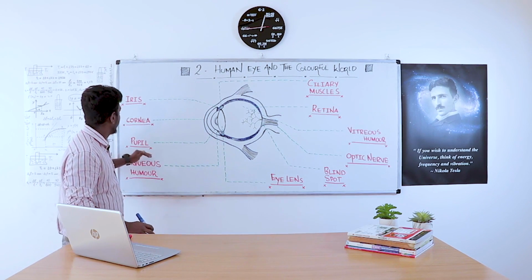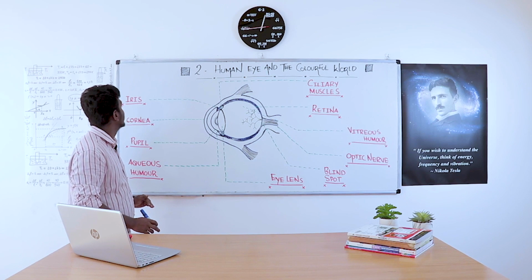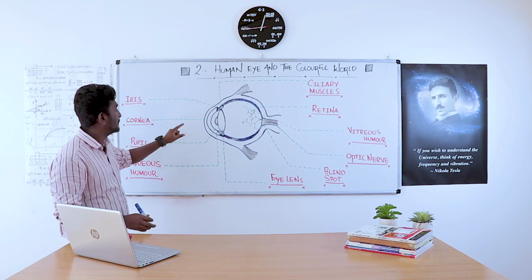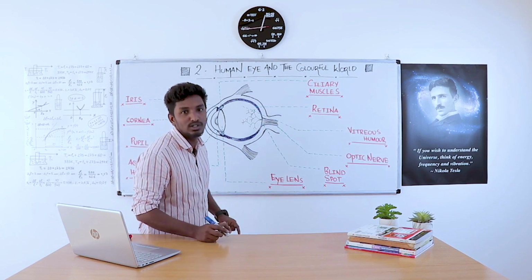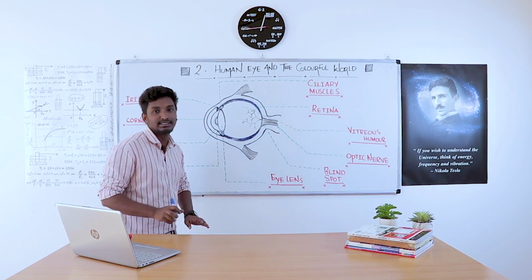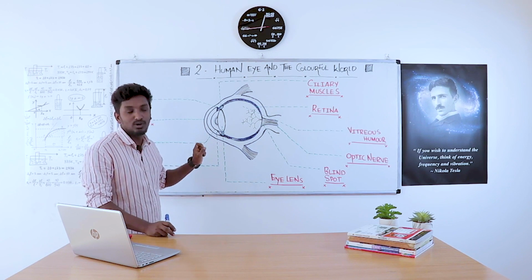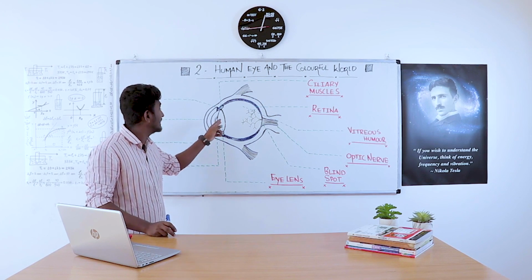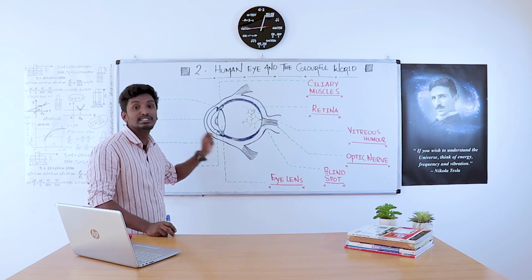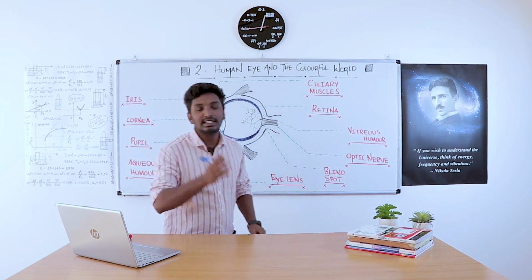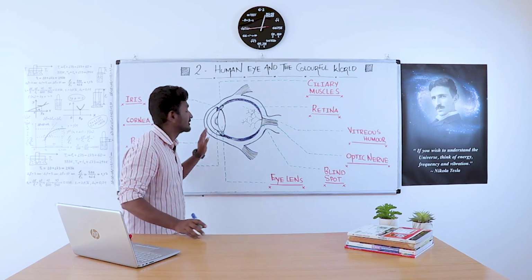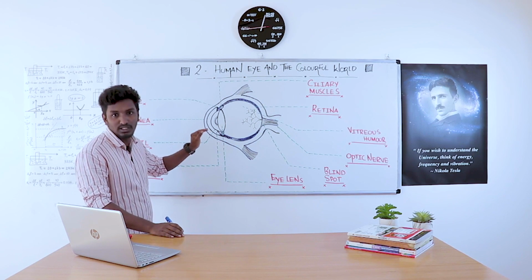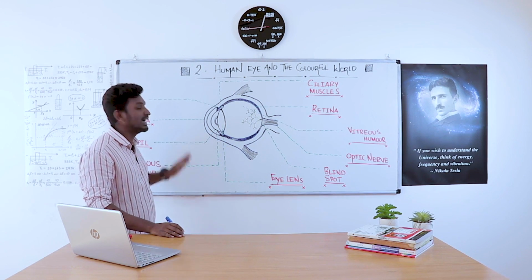Next is the pupil. The pupil is a small hole in the middle of the iris.